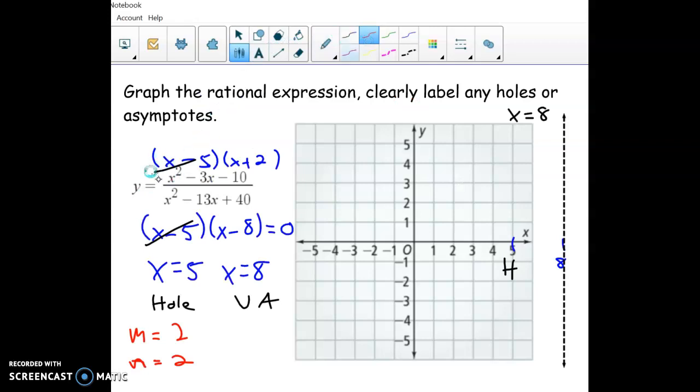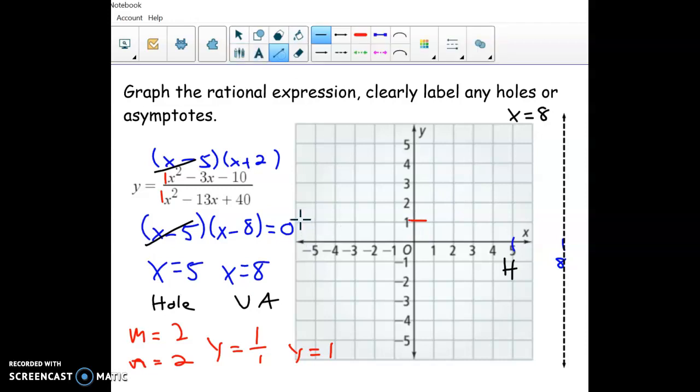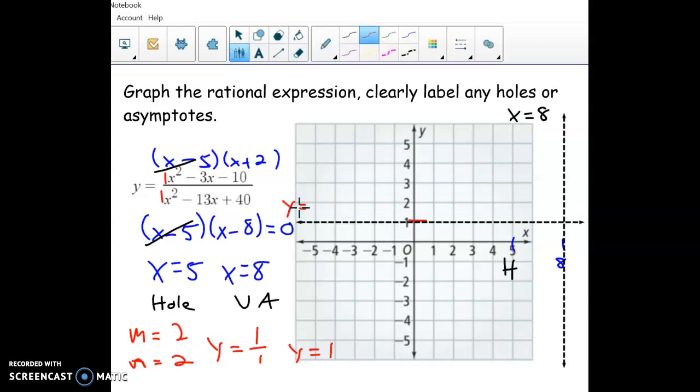Here they're invisible, they're right here. They're 1 and 1. So our horizontal asymptote is y equals 1 over 1, which is just y equals 1. So I'm going to go to 1 and draw in a horizontal asymptote. All right, we can label it y equals 1.